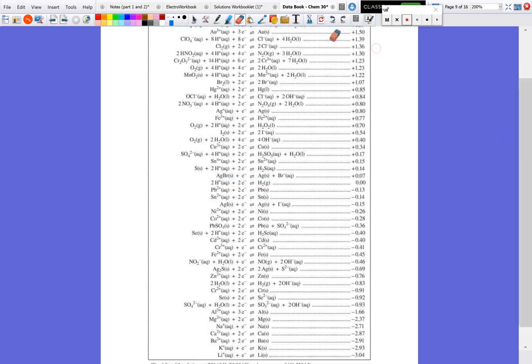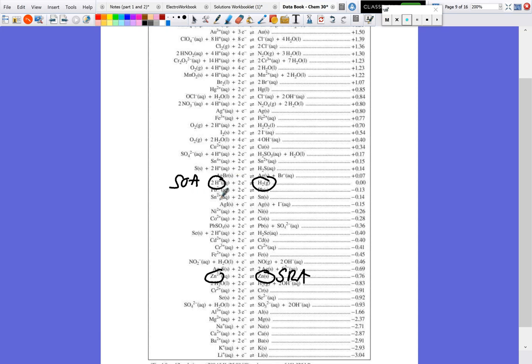These are all of our entities listed, so we need to find the strongest oxidizing agents and reducing agents. We have Zn2+ and zinc solid, but we also had H+ and H2 gas. So H+ is the strongest oxidizing agent, zinc solid is the strongest reducing agent.